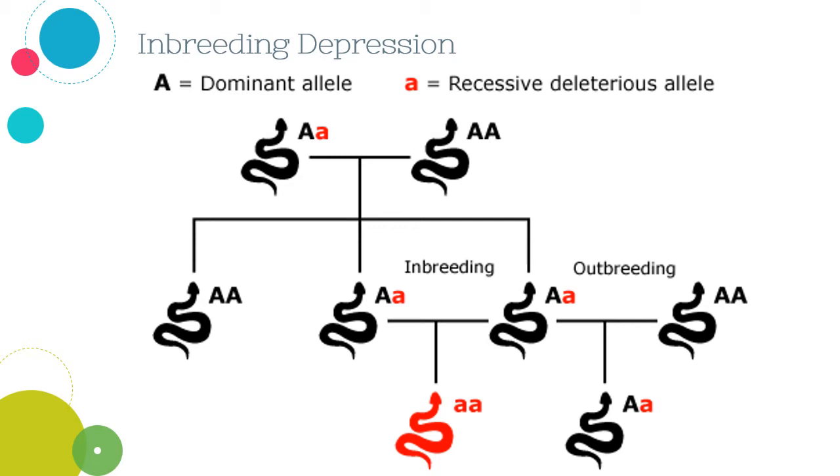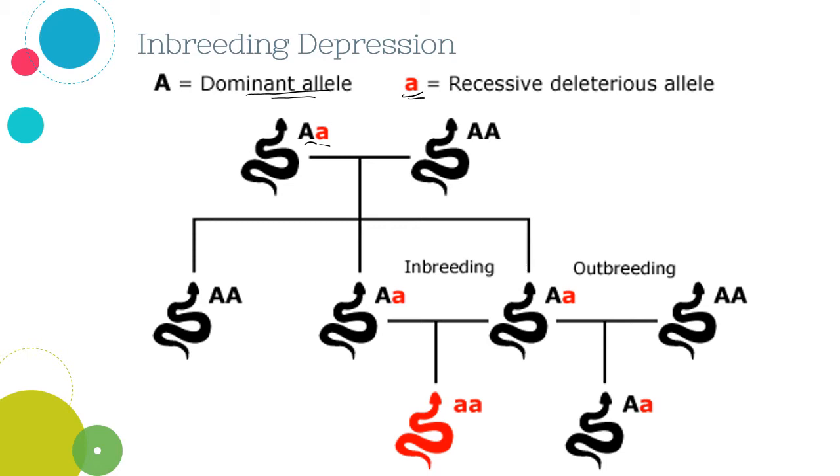So say we have these snakes, and at gene A, there's two different alleles that you can have. You can have a big A, or you can have a little a. The big A allele is going to be, let's say, a functional copy of some gene that allows you to survive and reproduce. Little a is a broken copy of that same gene.